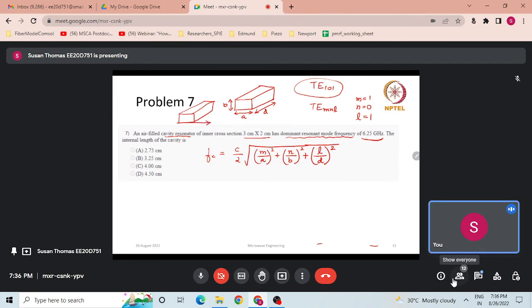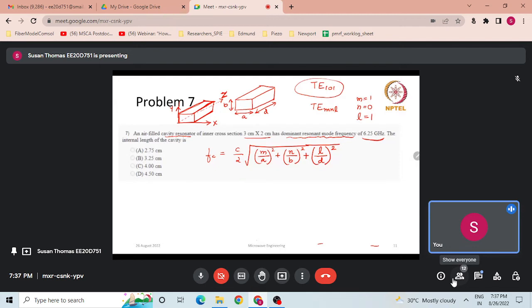A is along the x direction, B is along the y direction, and the length of the cavity is along the z direction. That's why we have the third term, L by D.